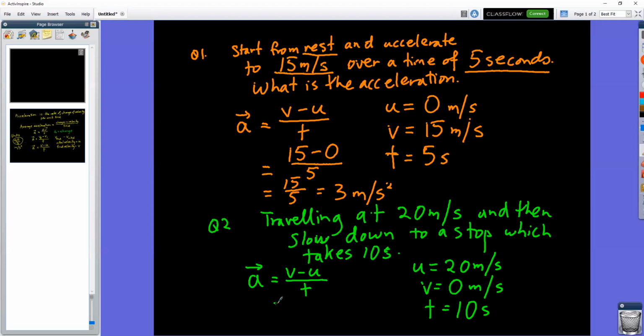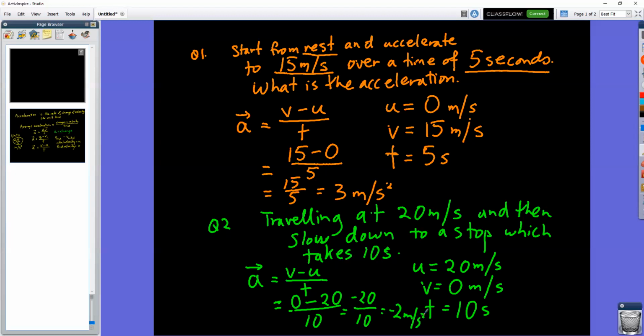So if we substitute all those in, v is 0 minus 20 over 10. So I get negative 20 on 10, which is negative 2 meters per second squared.